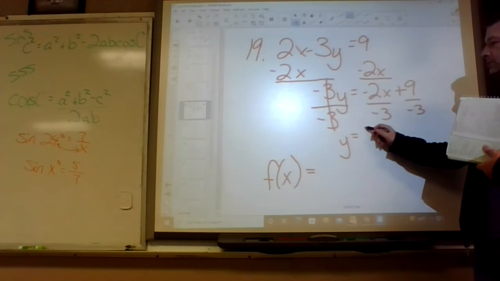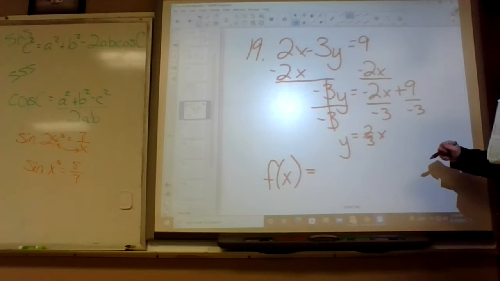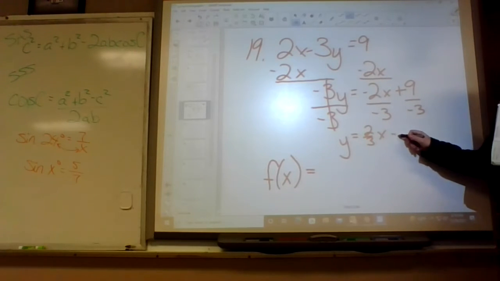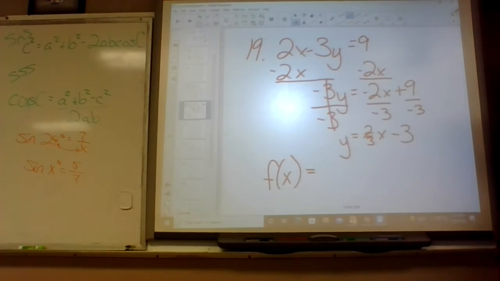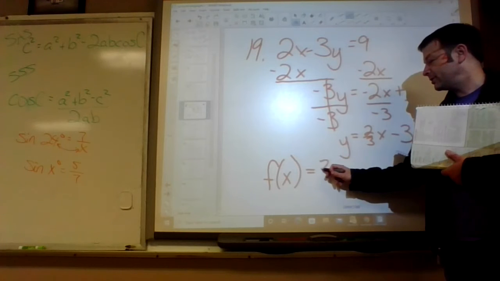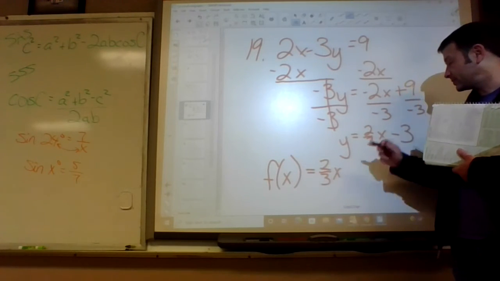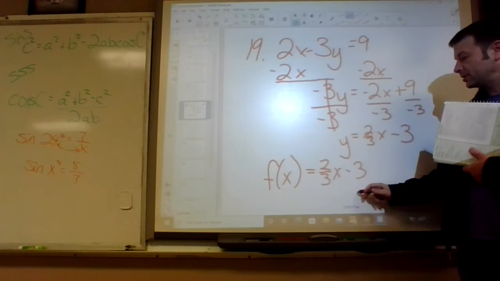Positive 2/3 x. And 9 divided by negative 3? Negative 3. Okay, how do I change this into function form? Just replace the y with f of x. So this would be our answer.